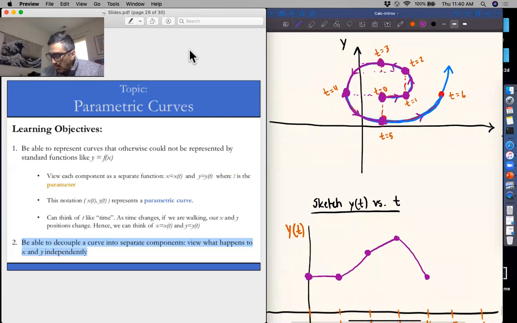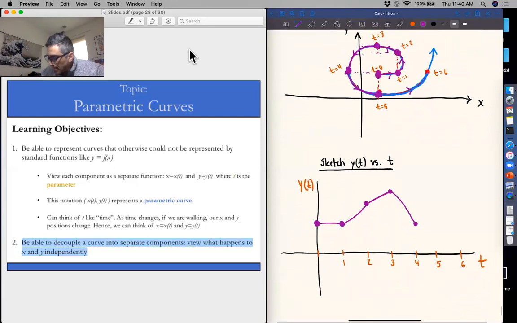So what we could represent down below is at t equals 4 to t equals 5, our y value is close to 0. We are moving down because we're starting at t equals 4 at a higher y value. Then we're ending at t equals 5 at a lower vertical position, but we're close to y equals 0. So we can also show that on this sketch.